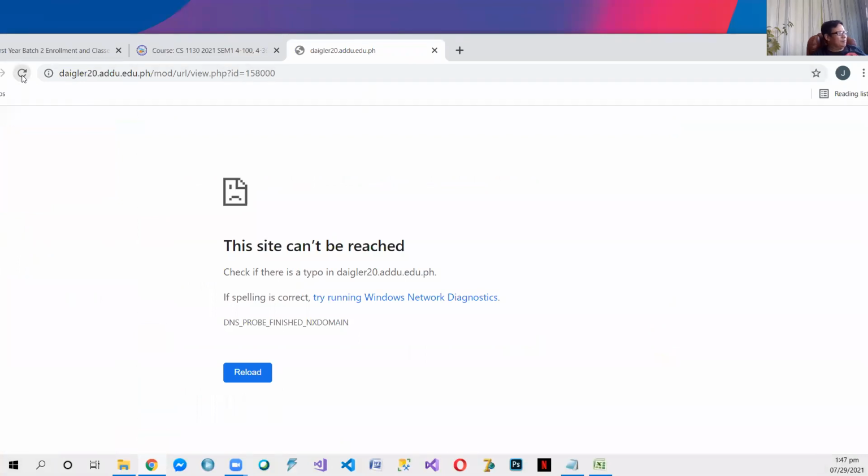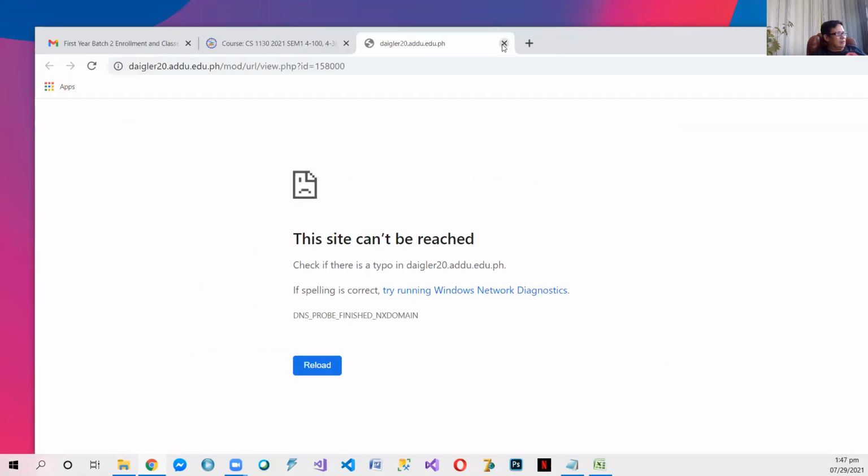Okay, the IAS machines. That's a problem. It disappeared. Maybe I'll use another browser.